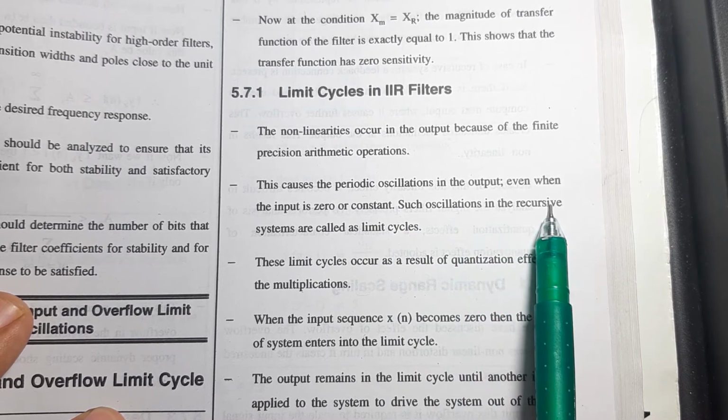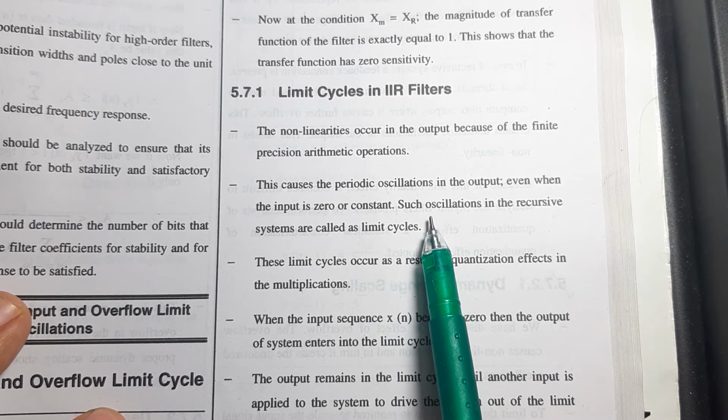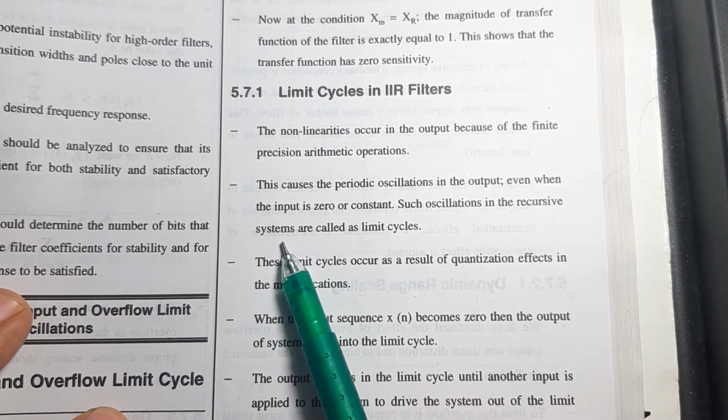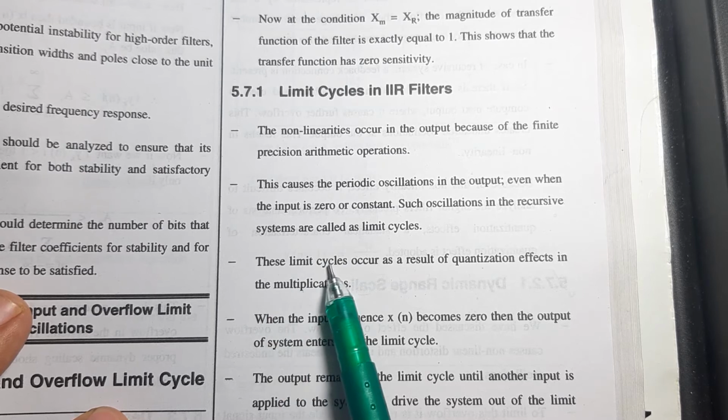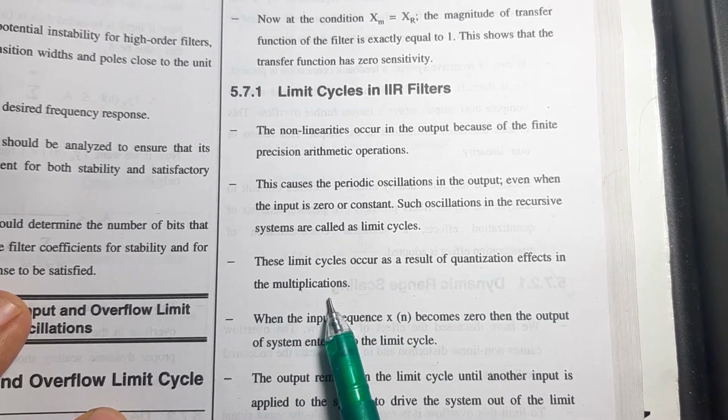Such oscillations in the recursive system are called limit cycles. A recursive system, as we discussed previously, has its output depend on present and past output and present and past input. These limit cycles occur as a result of quantization effects in the multiplication.